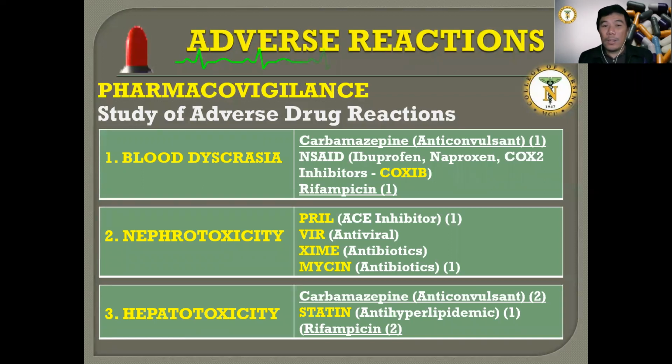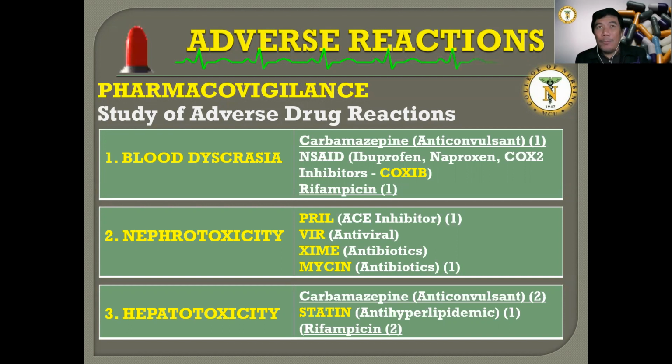That's why, if you will notice, the drugs that appear in blood dyscrasia as an adverse reaction may also appear in the liver. The two drugs that have been identified are carbamazepine, the anticonvulsant drug, and rifampicin, the anti-TB drug.